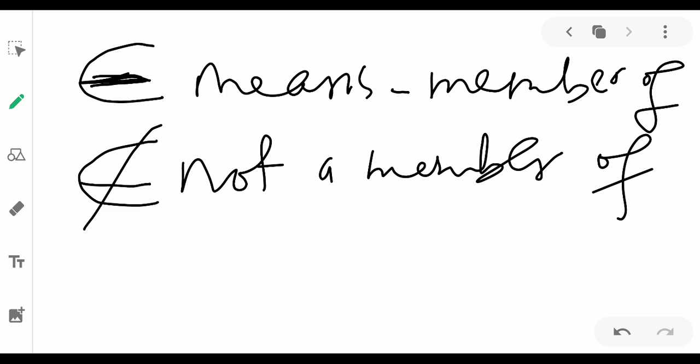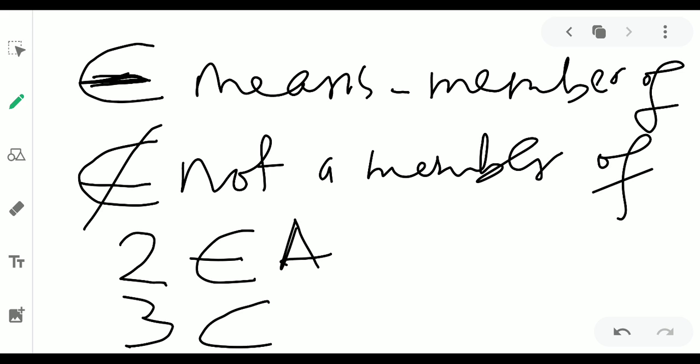So if I write this, what it means is that 2 is a member of set A. If I write this, 3 is not a member of set C. I hope you are getting it.